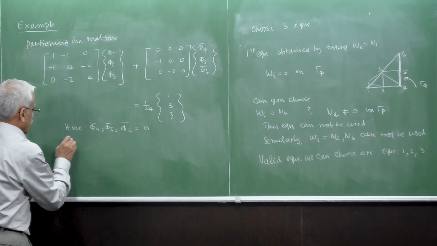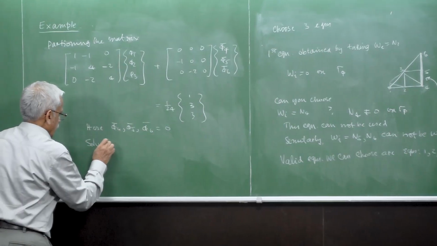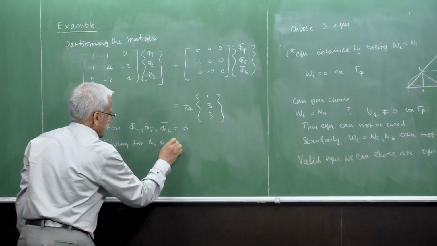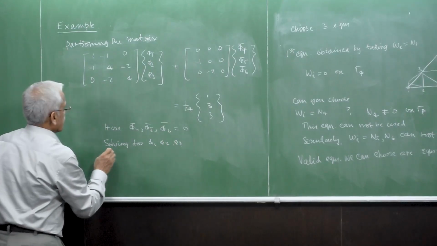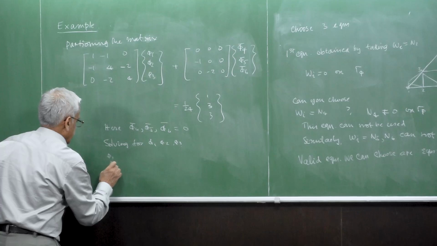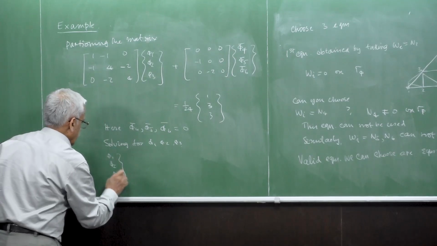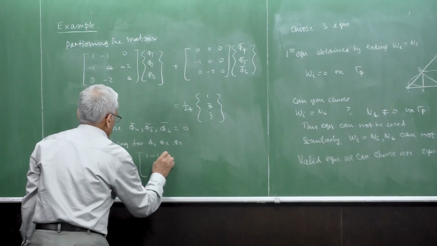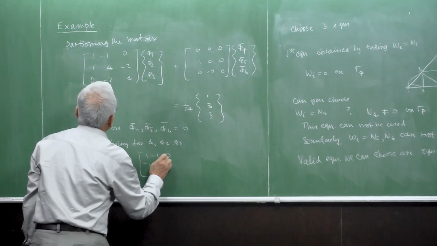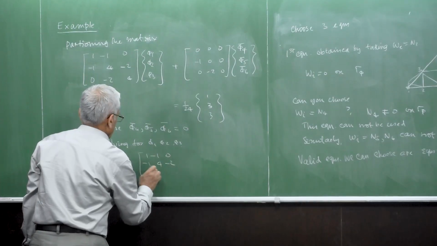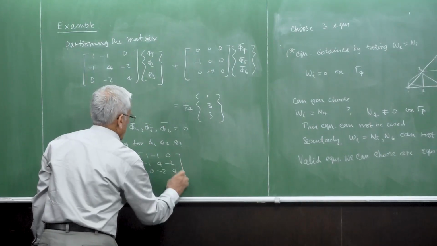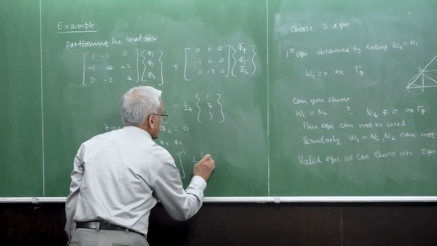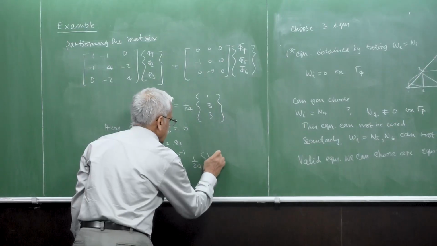Then solve for phi 1, phi 2, phi 3 by taking the inversion of 1, minus 1, 0, minus 1, 4, minus 2, minus 1, and 1, 3, 3.